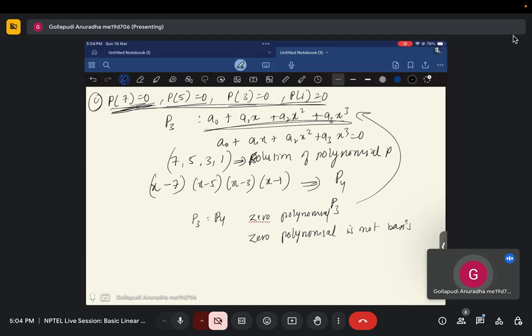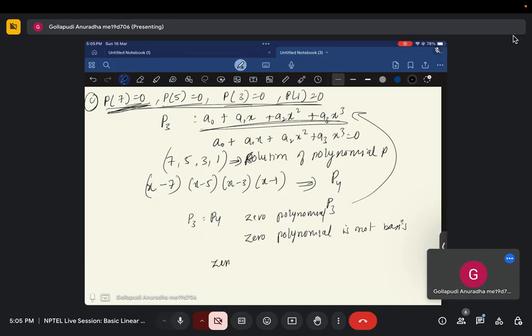Why? Because basis means, first of all, with the linear combinations of that you will be able to get the span of the entire vector space. But if it is 0, then any scalar multiple of 0 will be equal to 0 only. So 0 can never be independent.